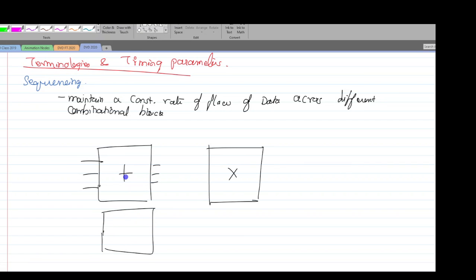So you can also have 2 combo logics in parallel working on different data, and then the outputs of these 2 combo logics are fed as input to the next combo logic, which is the multiplier. Okay, it's just an example.